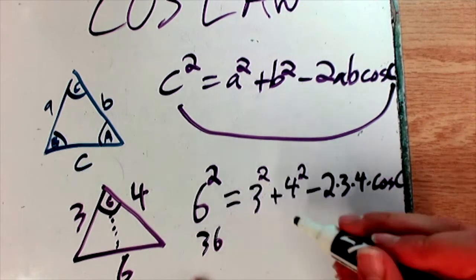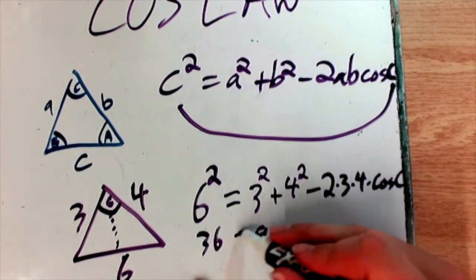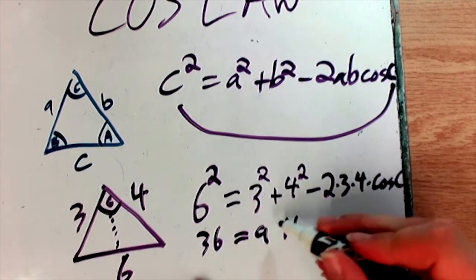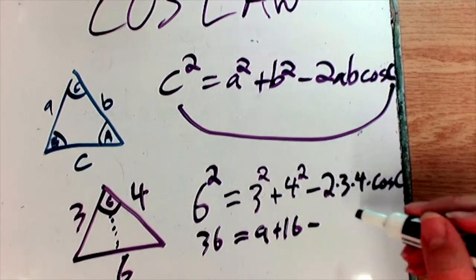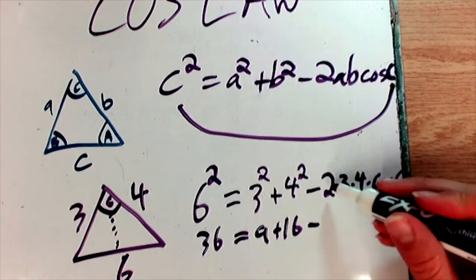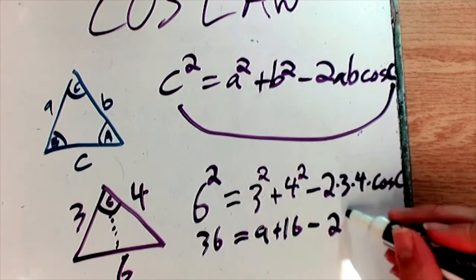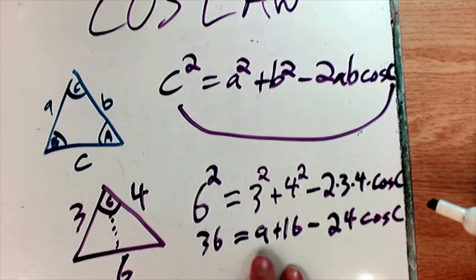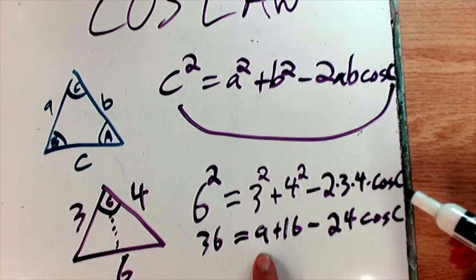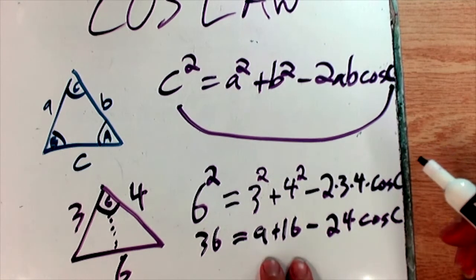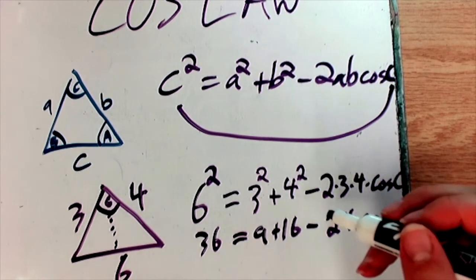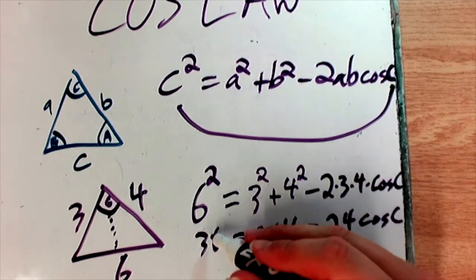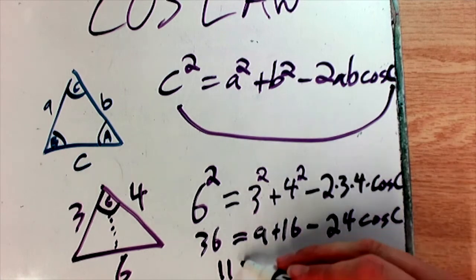So that's 36, this is 9, this is 16, minus 2 times 3 times 4, well that's 6, times 4 is 24, cos C. Okay, well this gets more manageable now. So 9 plus 16, well that's 25. If I take away 25 on this side, I got to take away 25 here, so I'm left with 11.